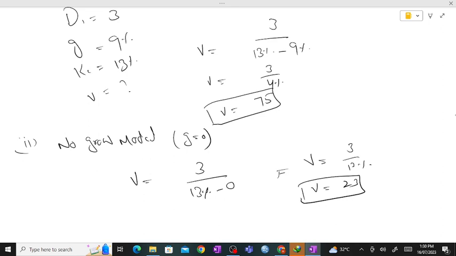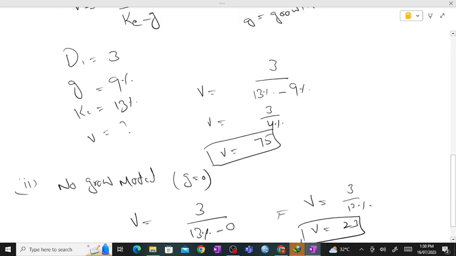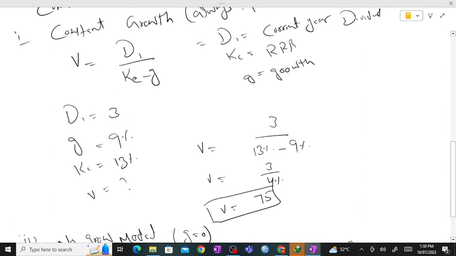Okay, let's make it more complicated for constant growth. As I said, it's the current year dividend. For example, the company has announced a dividend in 2022.